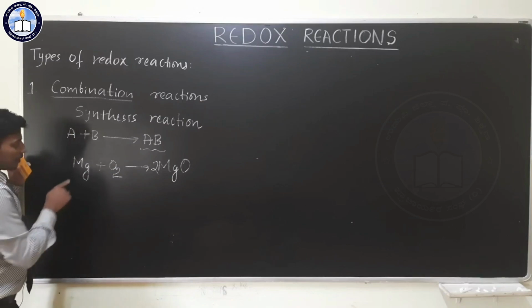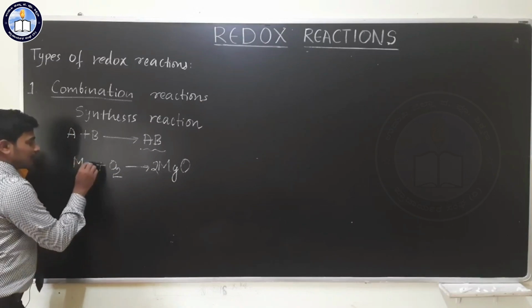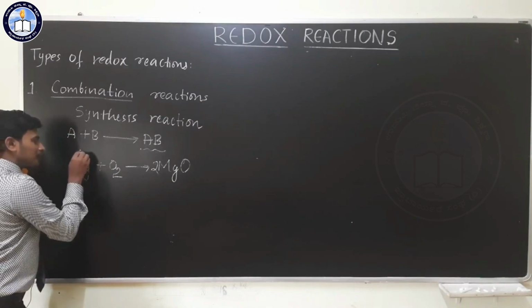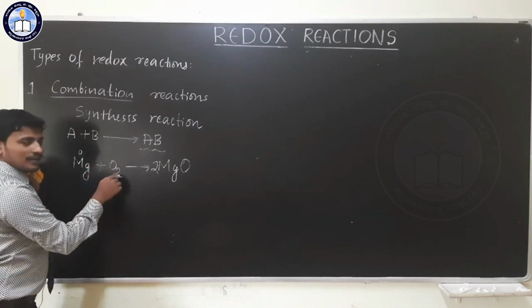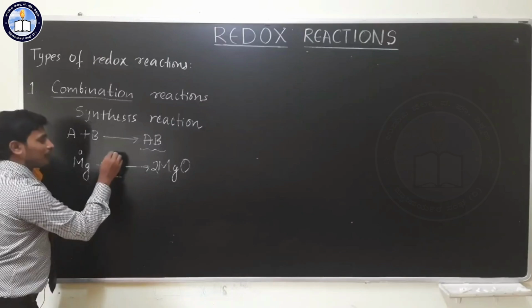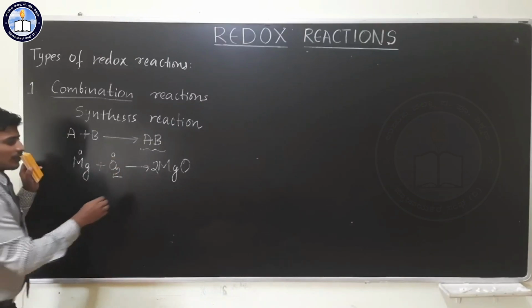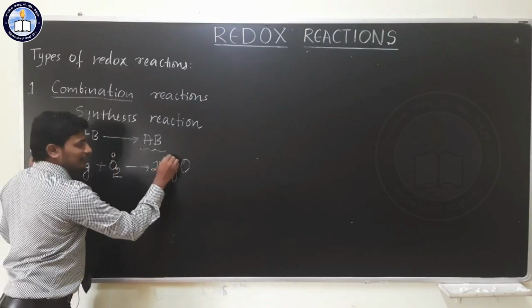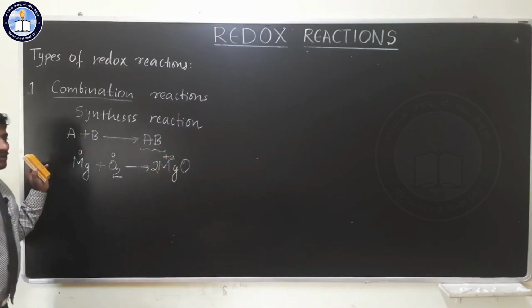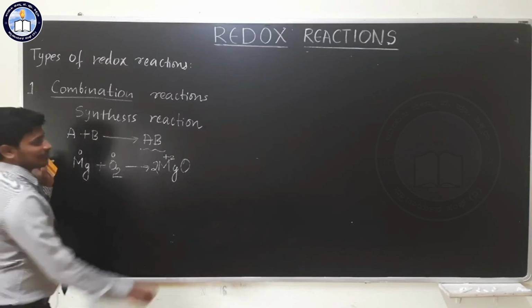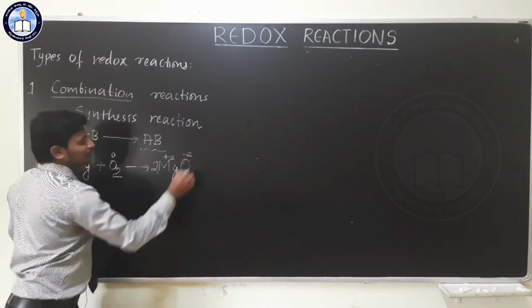Now see that magnesium is in elementary form, so oxidation number is 0. For oxygen, it is also in the elementary form, it is 0. Here alkaline earth metal having oxidation number equal to +2, as well as this oxygen is -2.